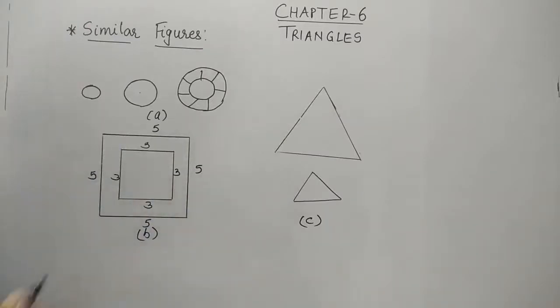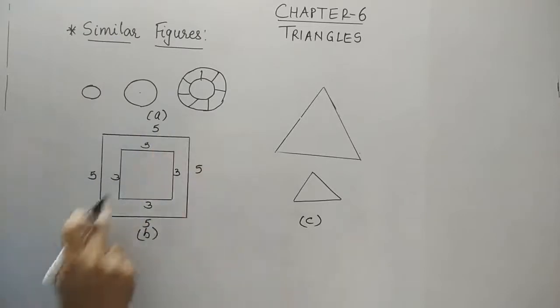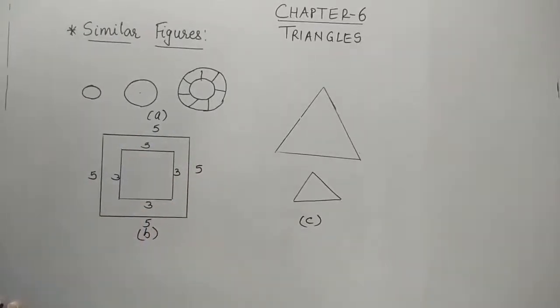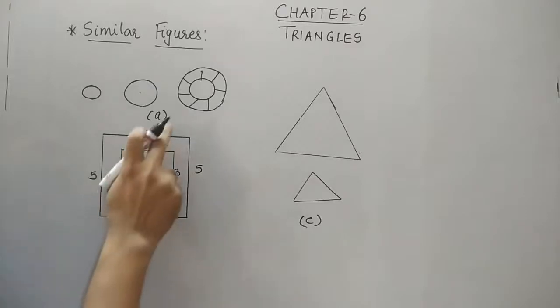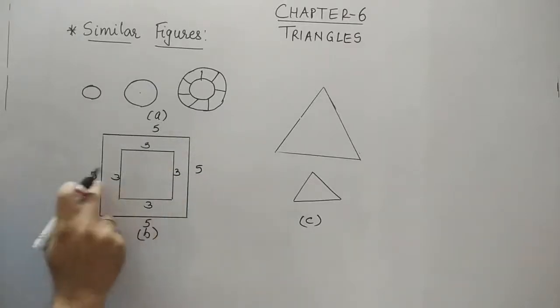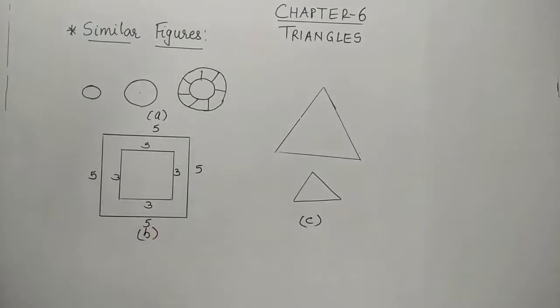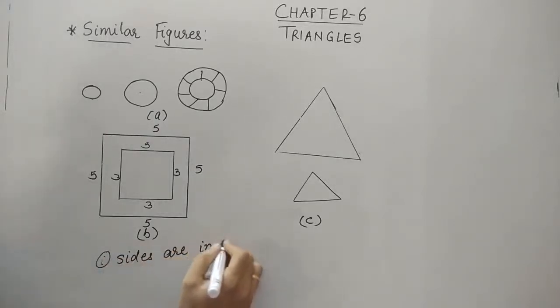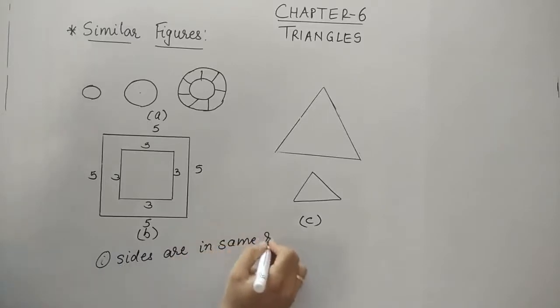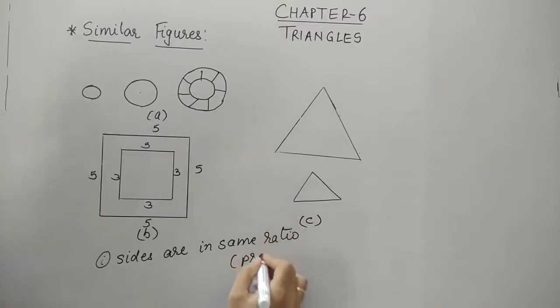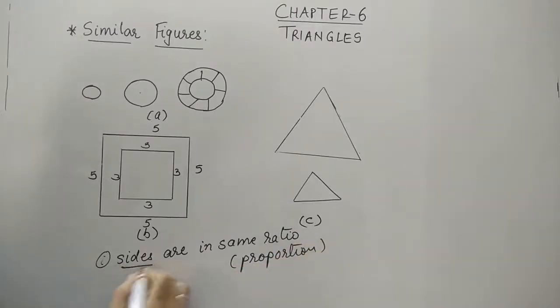If you observe the sides of this larger square and the smaller square, they are 5 by 3, 5 by 3, so they are in the same ratio. All the sides are in the same ratio. Instead of same ratio, we can say they are also in proportion. I am talking about the sides.